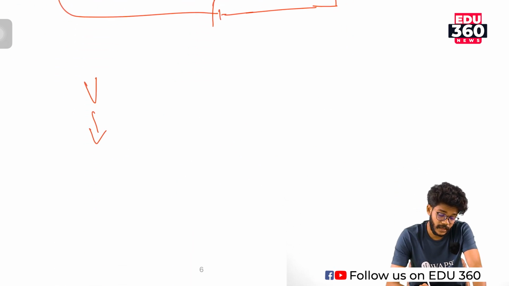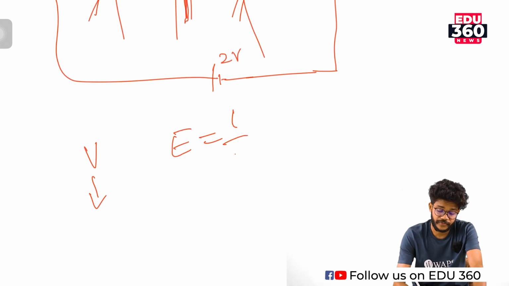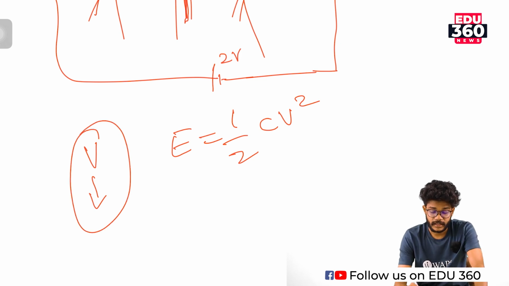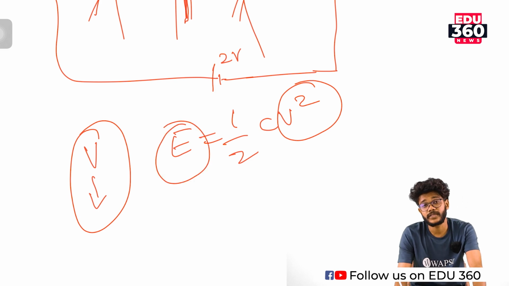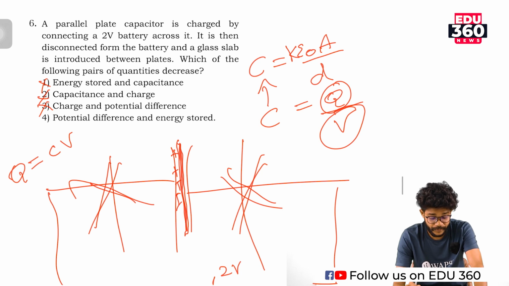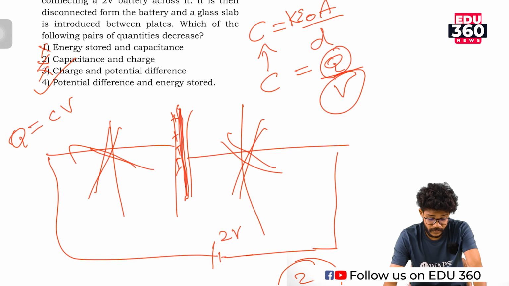It will affect the energy also, because the equation for energy is half CV square. If V decreases, V square also decreases, so the energy also decreases, even though C is increasing. So option 4 is the correct answer.